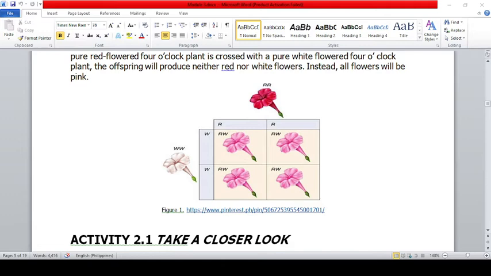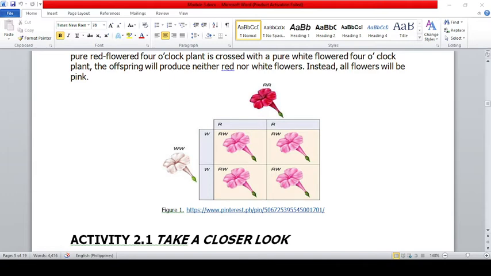So, ang kanilang genotype here, from the phenotype na red, at saka yung mother, like, example, the father is the RR, red flowered 4 o'clock, and the mother is white, which stands for the homozygous na flower. So, we have here WW. So, nakakuha sila ng RW.